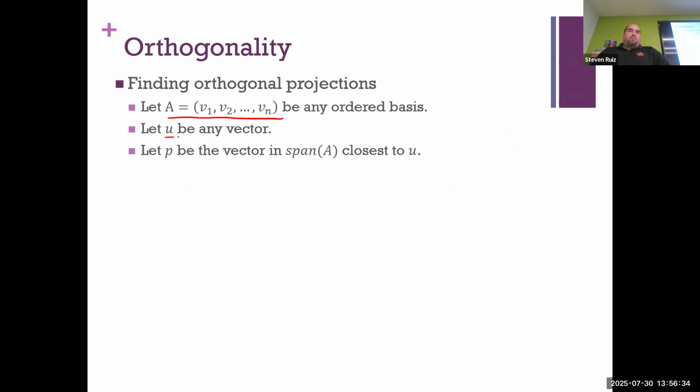I'm going to let U be some random vector, not necessarily in my span. And I want P to be a vector that most closely resembles U, but P is actually in the span of A. One more thing I want to introduce here is that I'm going to let C be a coordinate vector.